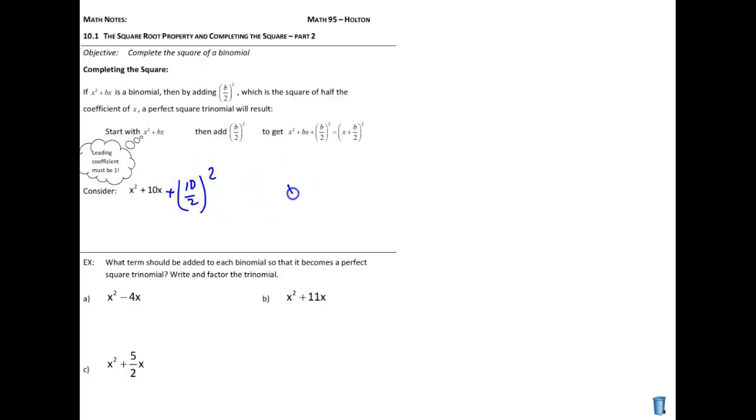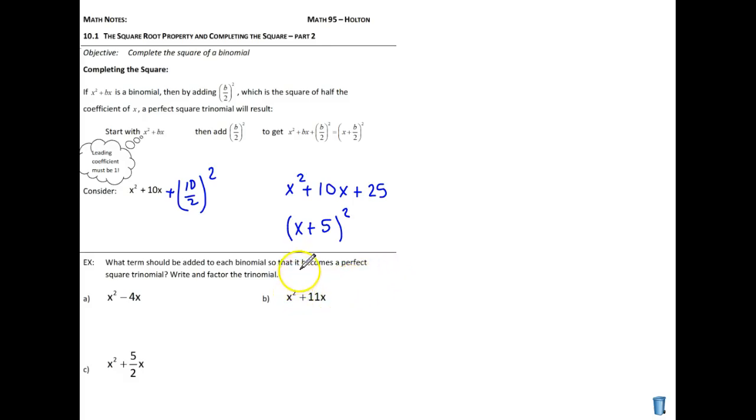So what I end up with is x squared plus 10x plus, well, 10 divided by 2 is 5. 5 squared is 25. Plus 25. And this is a perfect square trinomial, which I can write as x plus 5, the whole quantity squared.